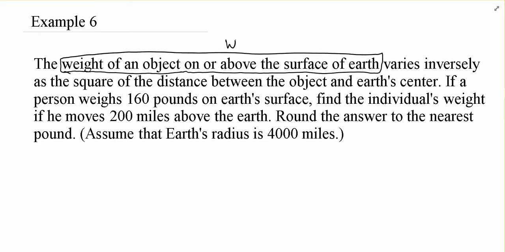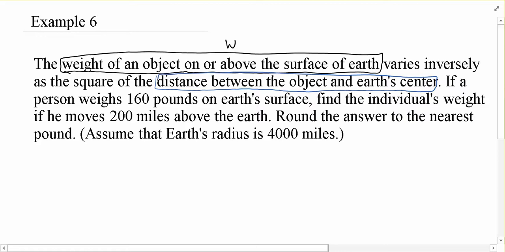If we look through here, the other variable involved is the distance between the object and the Earth's center. It's important to see how this is defined, so it might be worthwhile to write it up here. We're going to call it D, distance from center of Earth to our object, whatever that might be. All right, so there's what's going on in this problem.